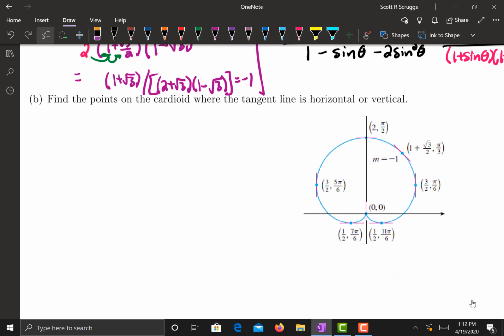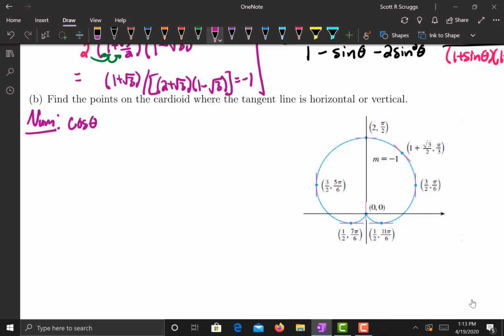Alright, so now let's do a little bit more work and tackle some more problems here. Now let's figure out what will make our derivative zero or vertical and horizontal. And so the first thing that I'm going to do is check what makes the numerator equal to 0.